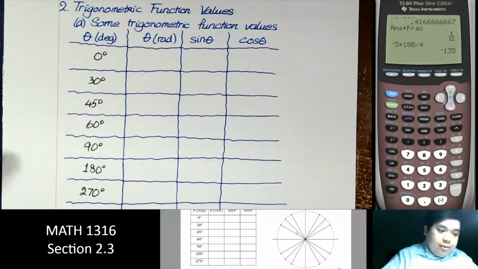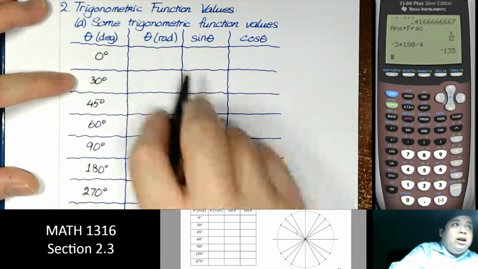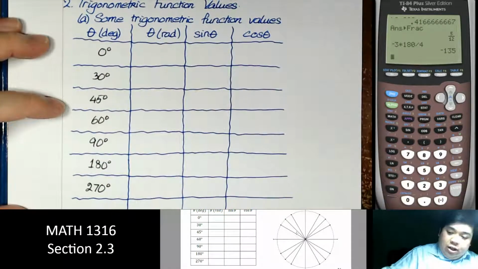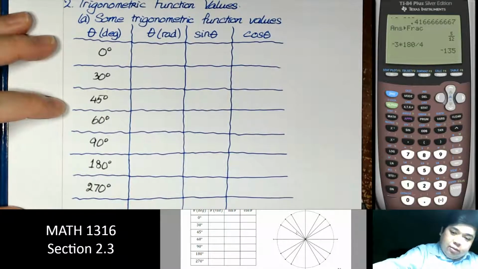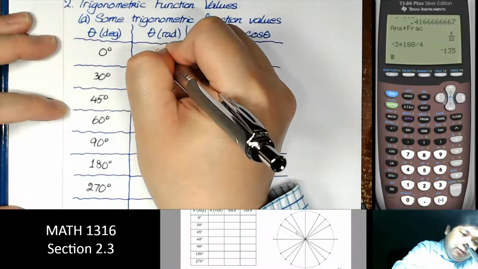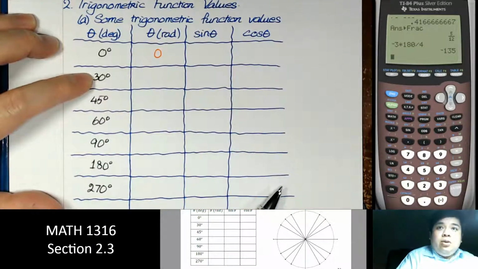Okay, so 30 degrees. Now if you multiply by pi, what is 0 degrees? Of course, it is also 0 radian. So what is 30 degrees?